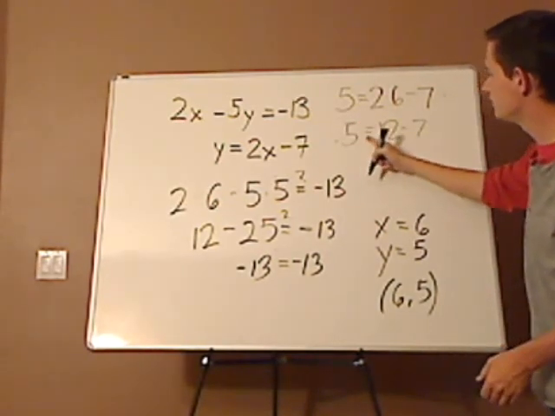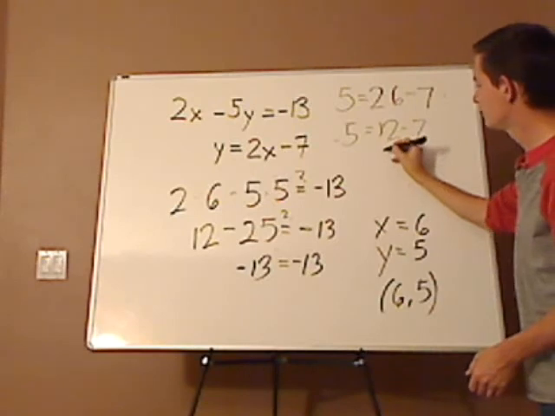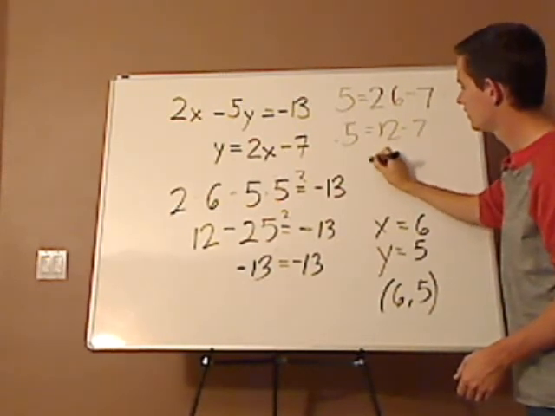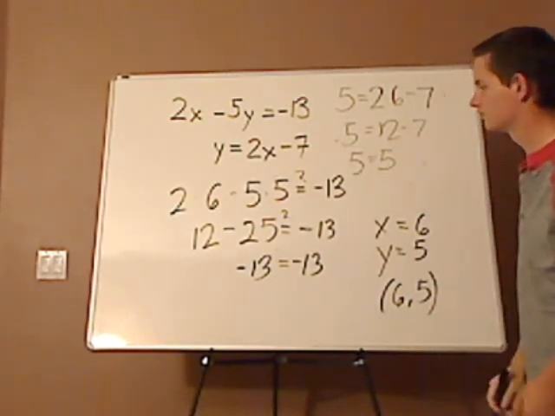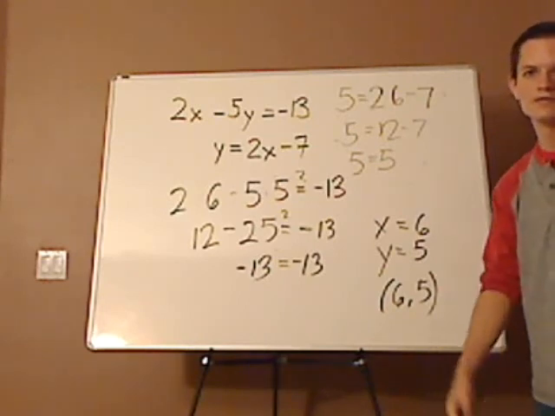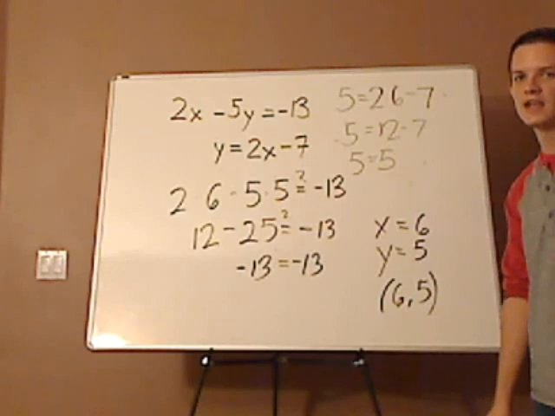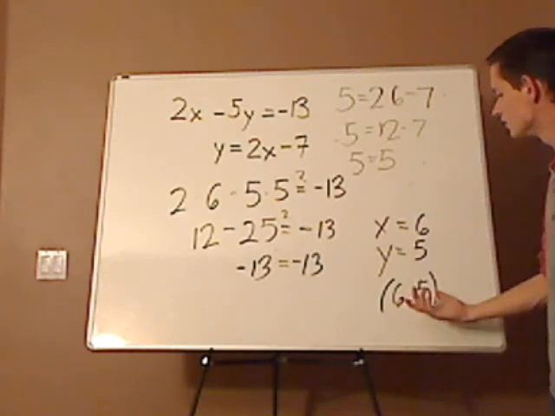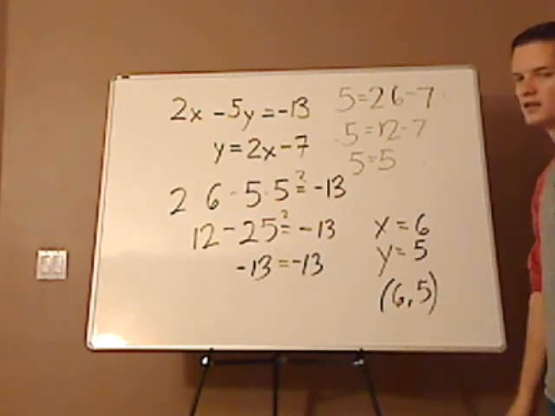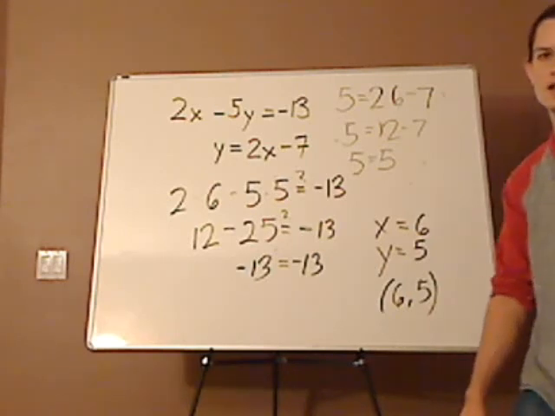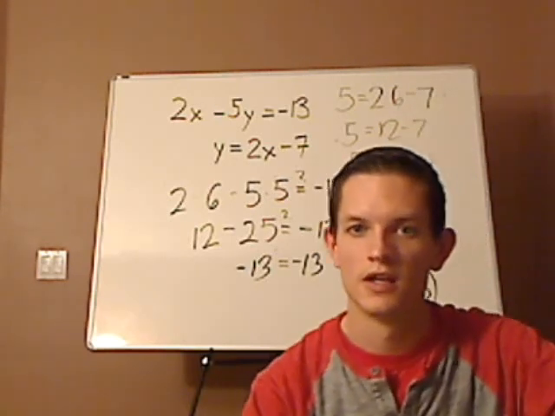So you have 5 equals 12 minus 7. 12 minus 7 is 5. So 5 equals 5. Does 5 equal 5? Yeah, so it makes a true statement. So this point right here, 6 comma 5, is a solution.